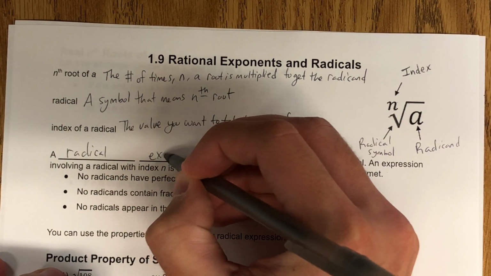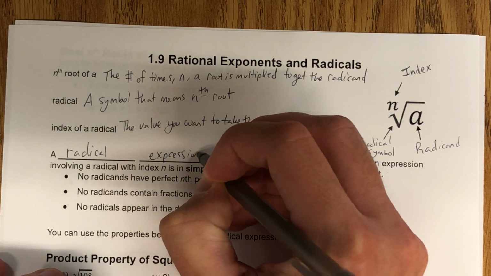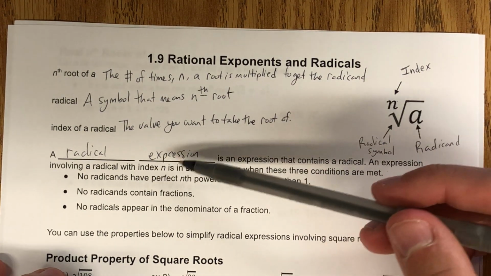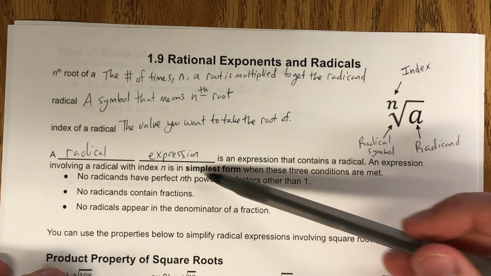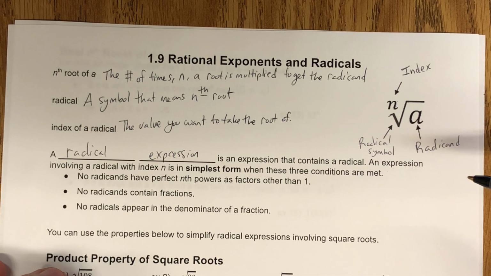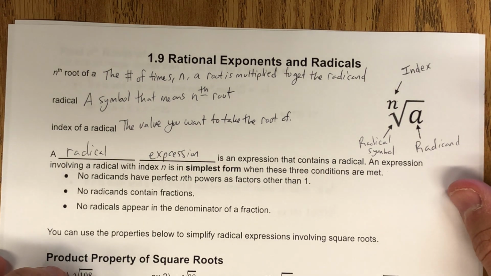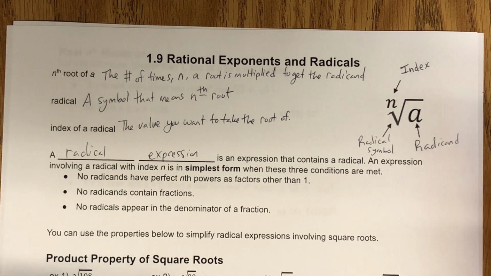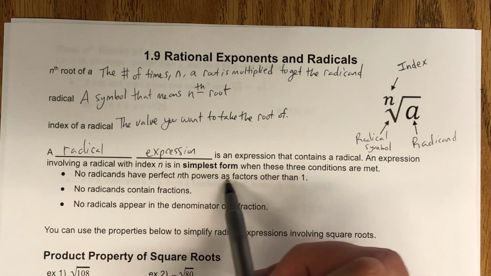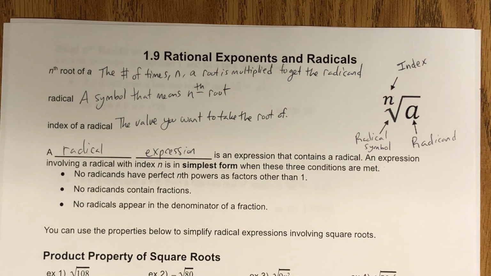A radical expression is an expression that contains a radical. An expression involving a radical with index n is in simplest form when these 3 conditions are met. The focus for today, at least one part of that focus, is on simplifying radicals. To simplify means no radicands have perfect nth powers as factors other than 1.